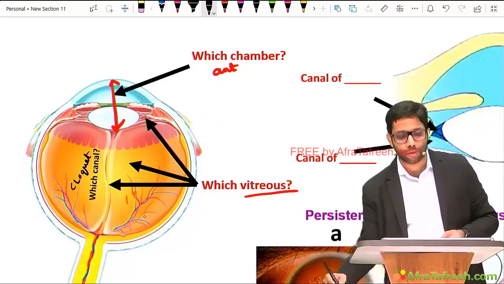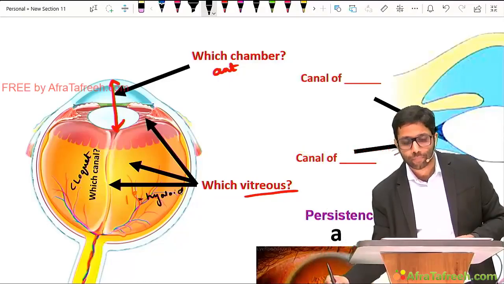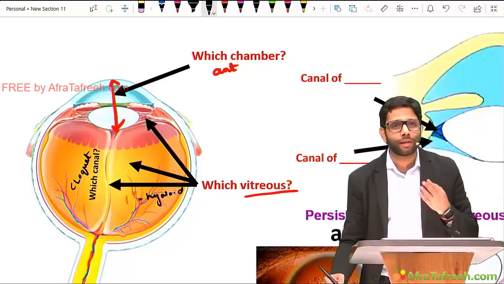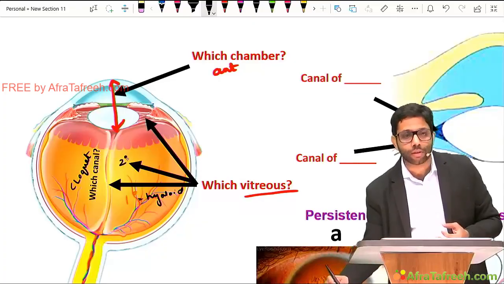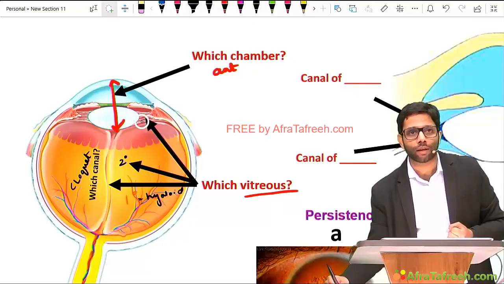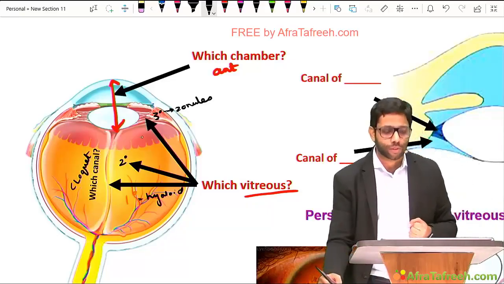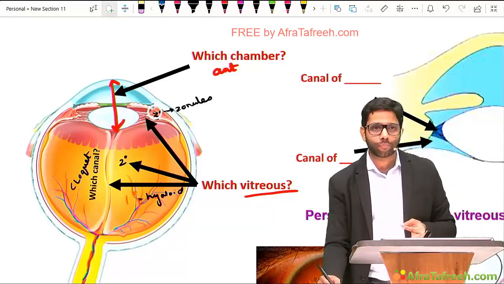That is the primary vitreous, which is known as hyaloid vessel. The main vitreous, the definitive vitreous, is the secondary vitreous. That is the main jelly of the vitreous. And the tertiary vitreous you have to identify. Tertiary vitreous are the zonules of the lens. That is the suspensory ligaments of the lens, which is connecting the lens to the ciliary body.